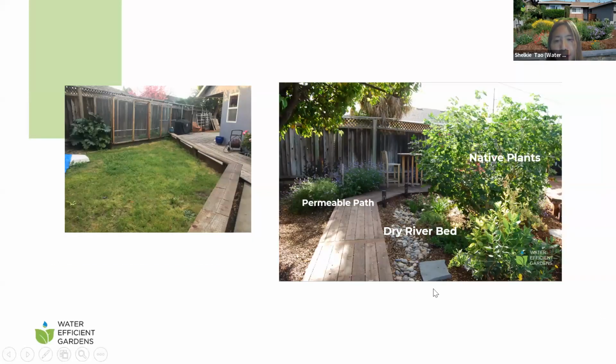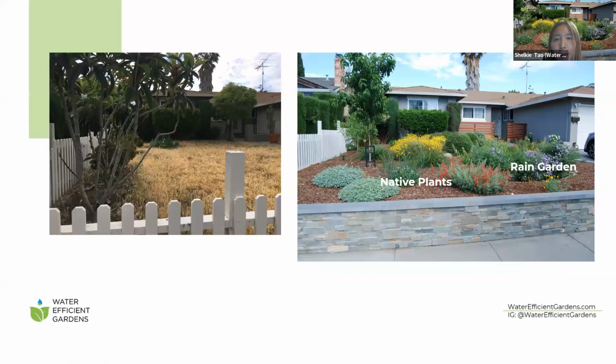Here, this is a dry riverbed, and we can't see very well, but actually this is also a rain garden, a small rain garden. And all these plants are native plants. And this deck path is also permeable. Here, all the plants are native, except this fruit tree. Here is the rain garden. It's connected to this downspout.